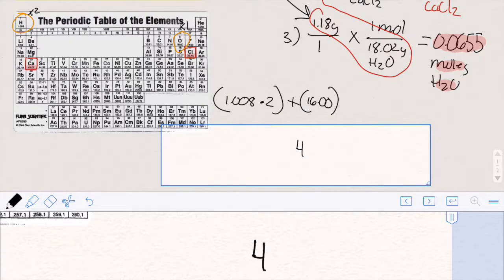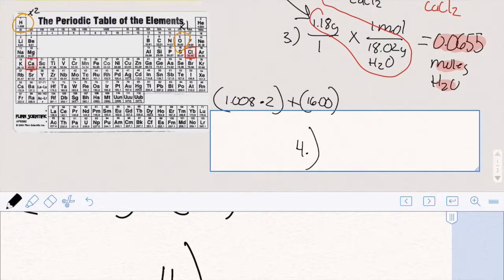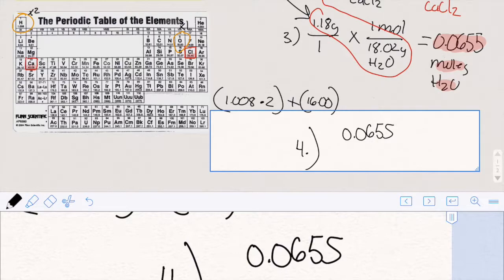In step 4, we're going to find the moles H2O to the moles of calcium chloride ratio. So we're going to be finding the ratio of these. So 0.0655 over 0.0321.